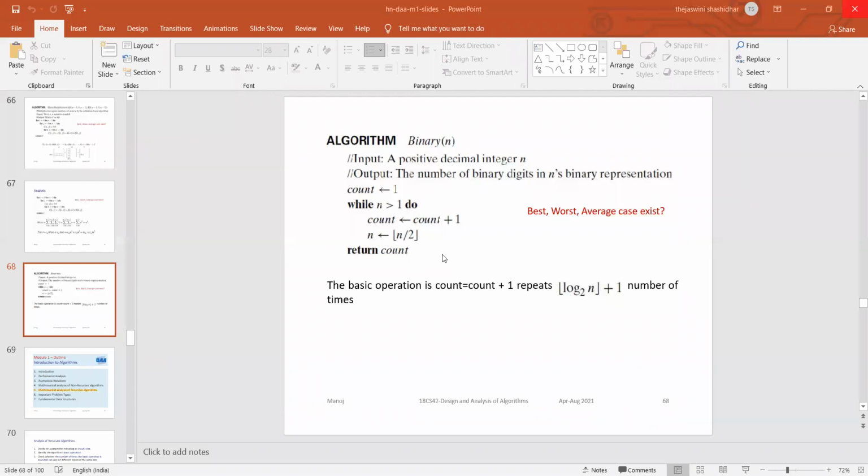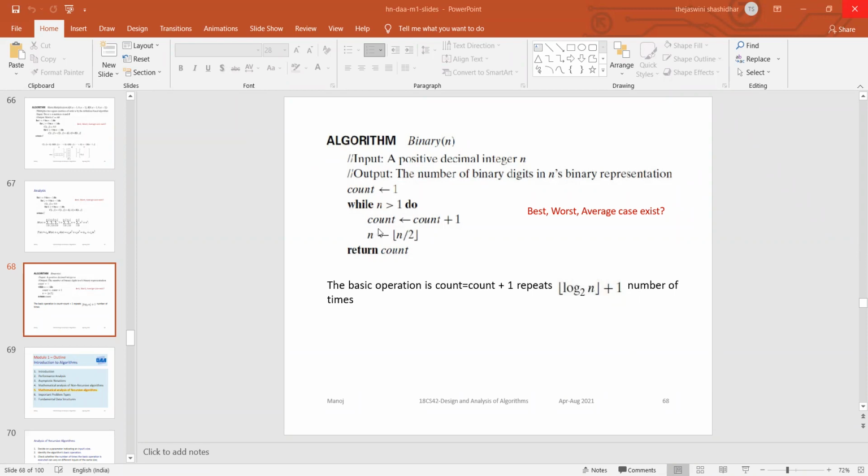In order to convert, n by 2, the representation is given as log n plus 1. The count keeps on incrementing until the last digit, until n. That's why we give it as log n plus 1.